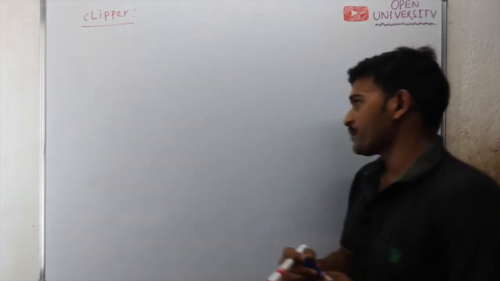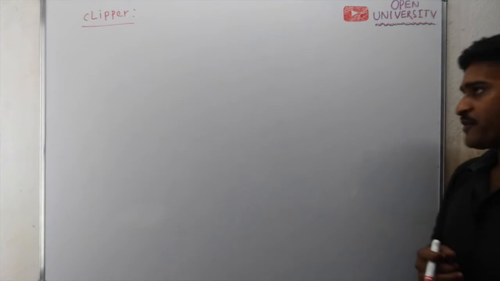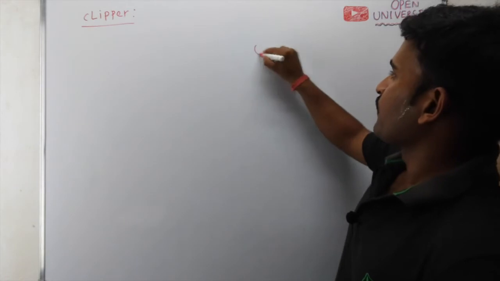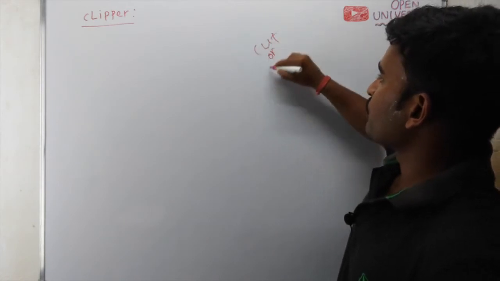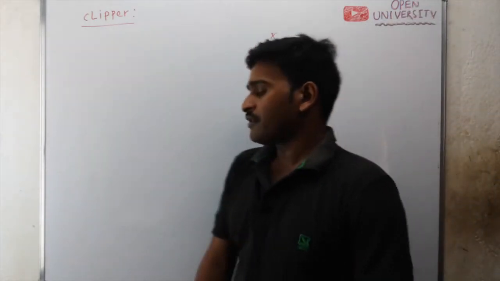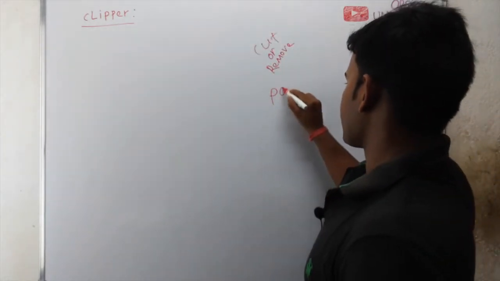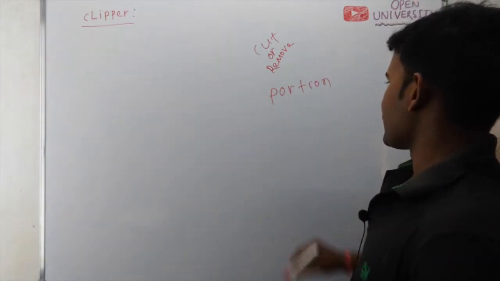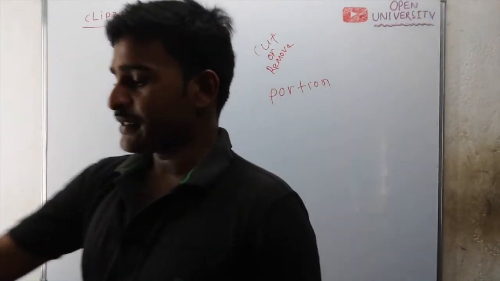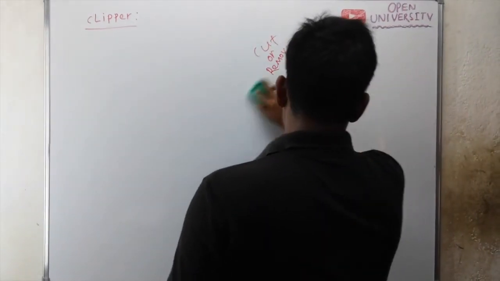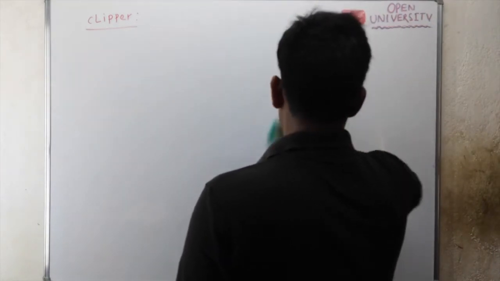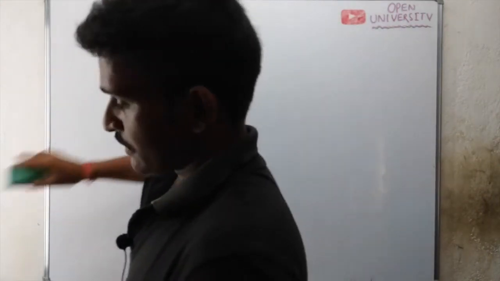It is a non-linear wave shaping circuit which can cut or remove the unwanted portion of a waveform or signal. It can remove the unwanted portion, or it can reduce the unwanted portion of a signal or waveform.